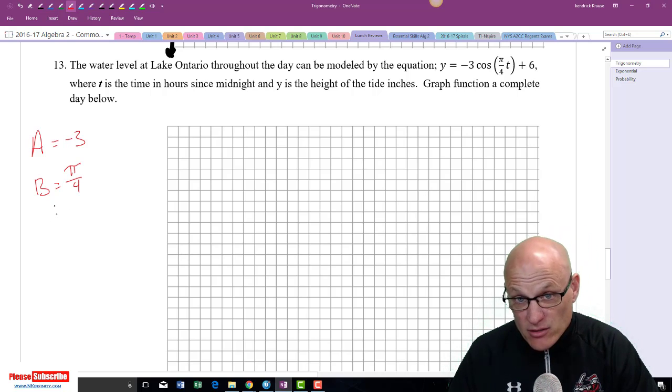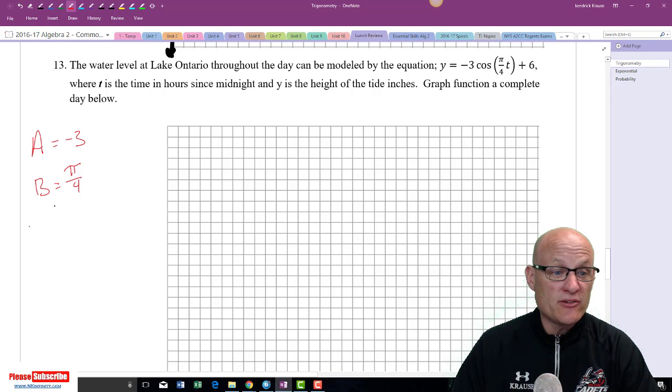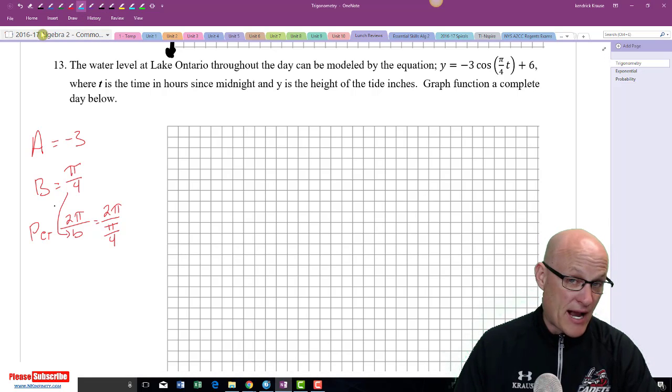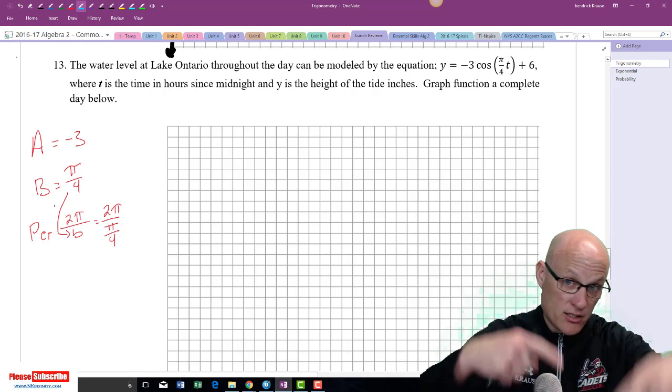Okay, stop there. Let's talk about period. Period is defined as 2 pi over B. Well, this is B, so this is going to get a little weird. It's going to be 2 pi over pi over 4. Now, how do I get rid of that pi over 4? I multiply by the reciprocal.